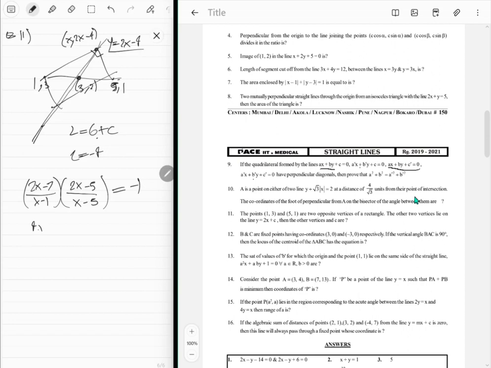Which is like 4x squared, negative 12 times 2 is negative 24 x, plus 35, and x squared, plus 1. So the x values are 4 and 2.